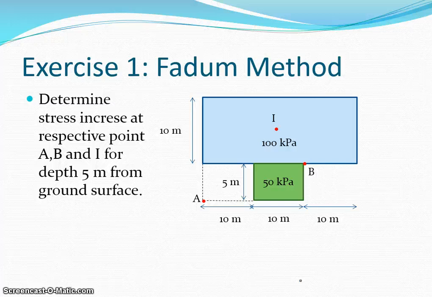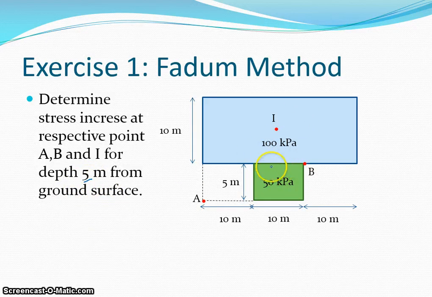Okay, so this is another exercise of the Fadum method. This time, determine the stress increase at the respective points A, B, and I for the depth of 5 meter from the ground surface. So the Z is 5 meter.